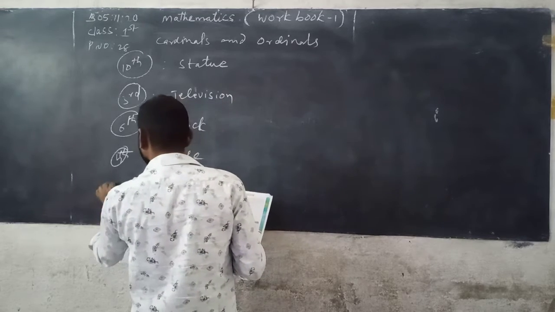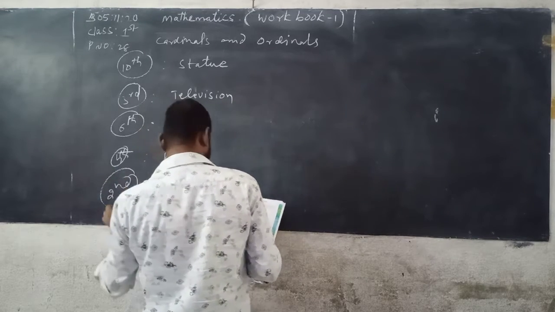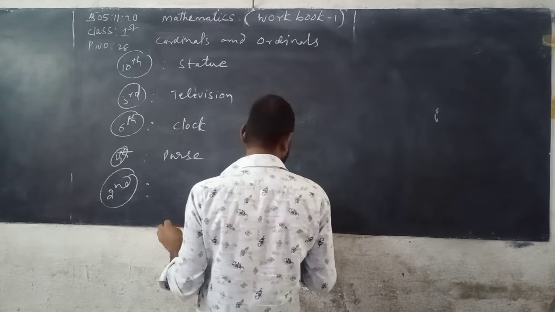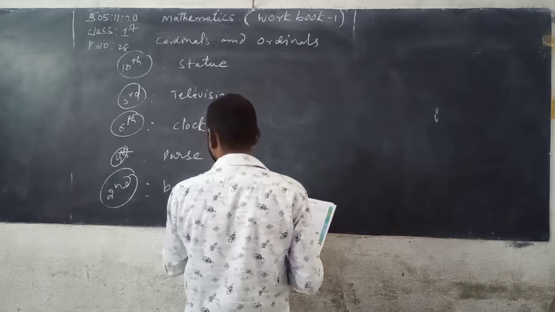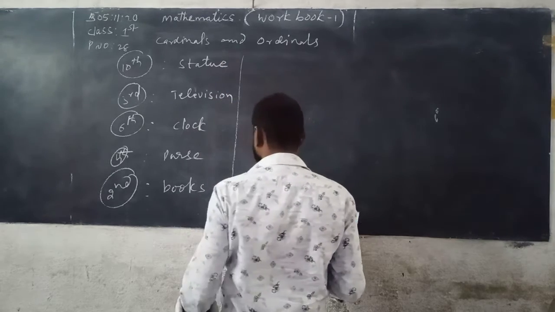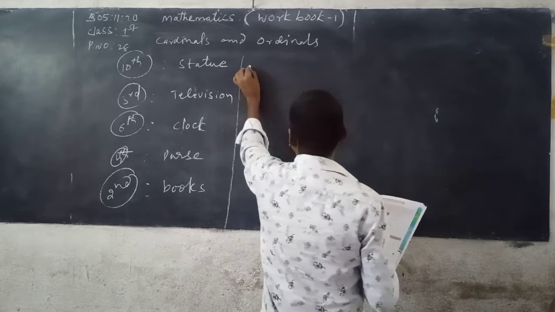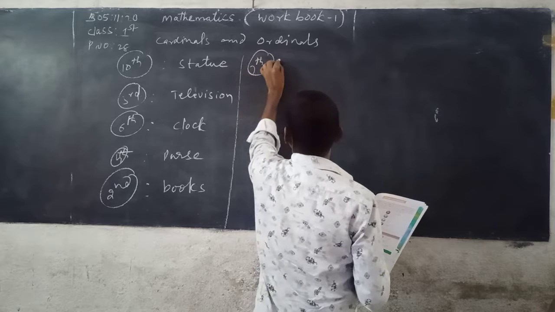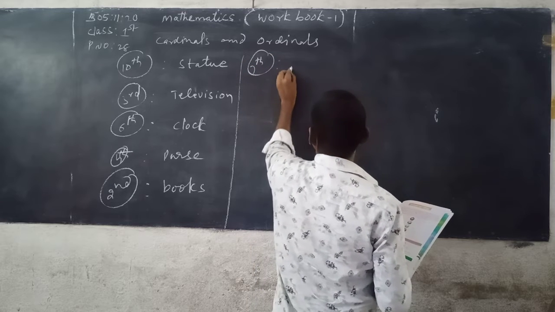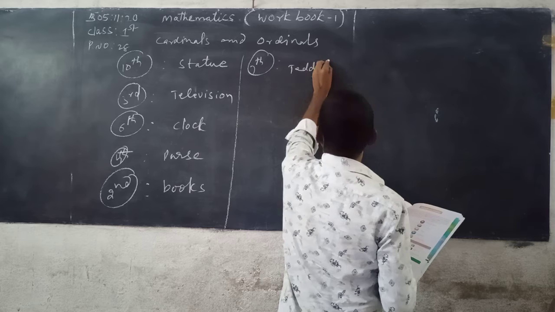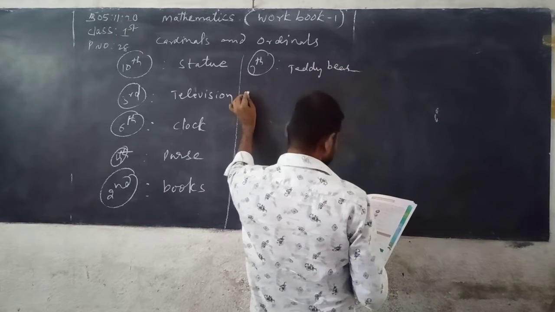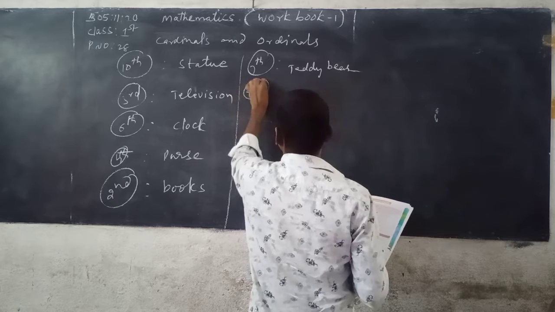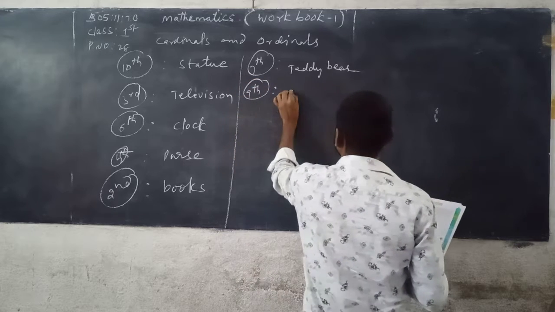Now the second rack, books. In the second rack, Rohan keeps his books. Now next, the seventh rack, teddy bear. Ninth rack, flower vase.